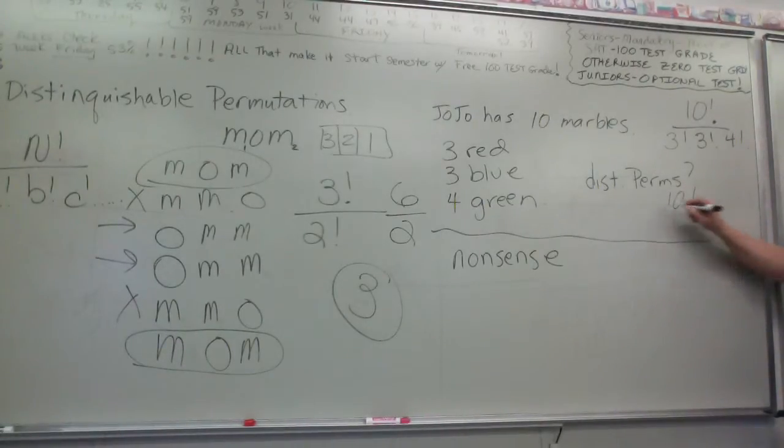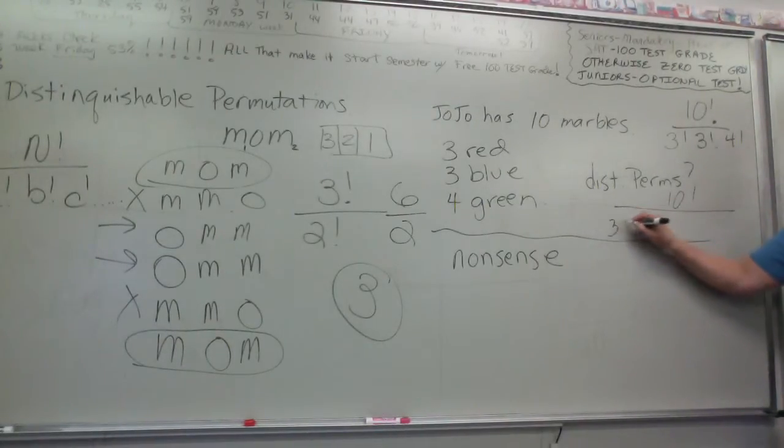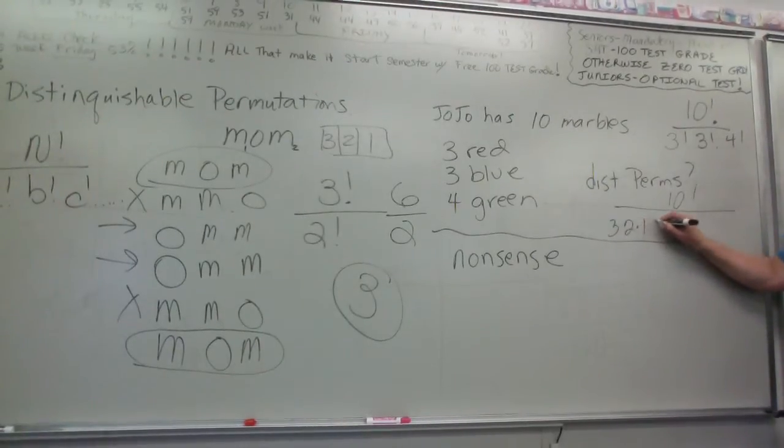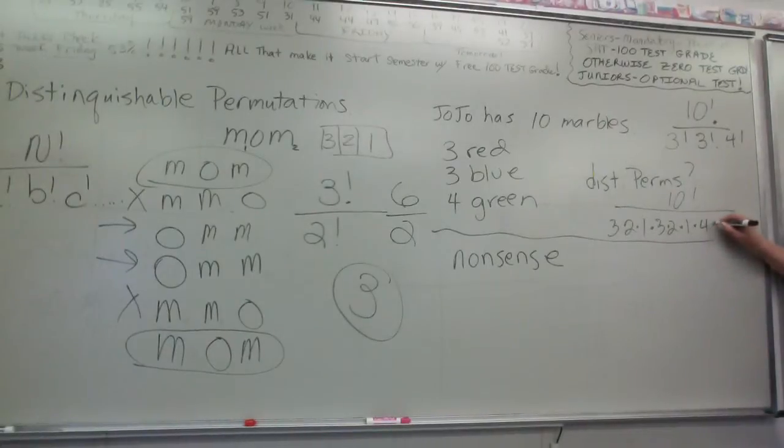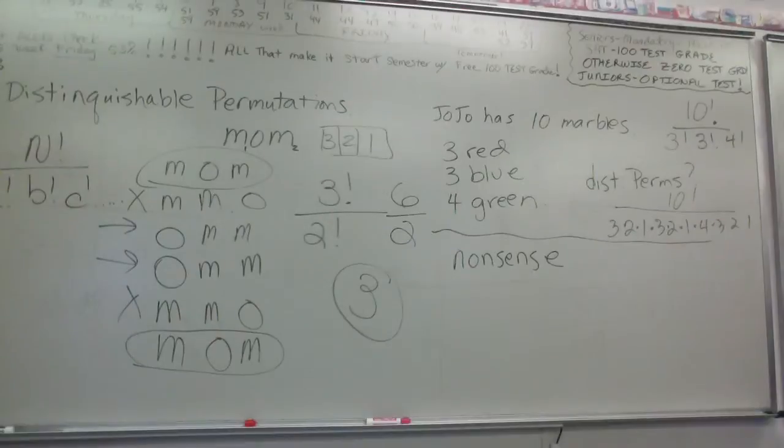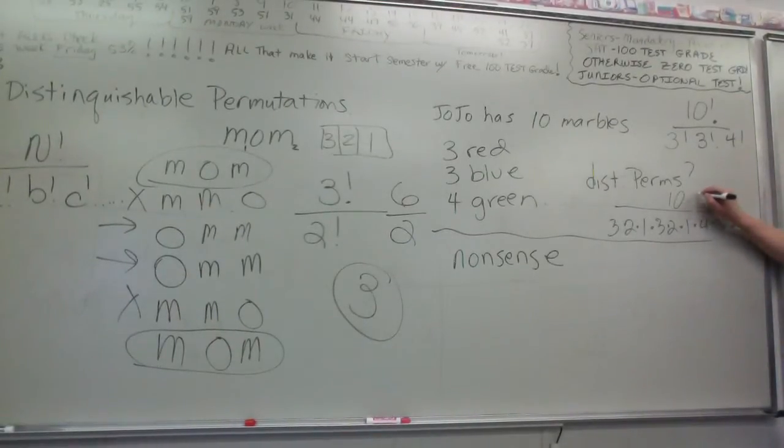10 factorial over 3, 2, 1, 3, 2, 1, 4, 3, 2, 1. Okay, so 10 factorial would be what? 10 times 9 times 8 times 7 times 6 times 5 times 4, 3, 2, 1.